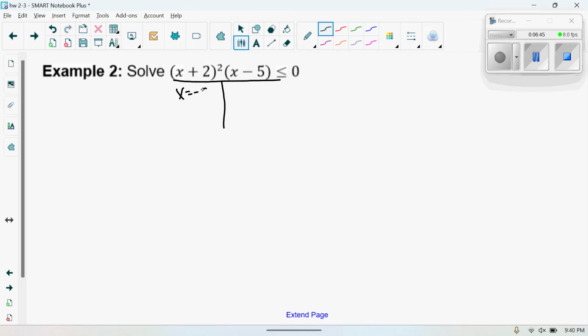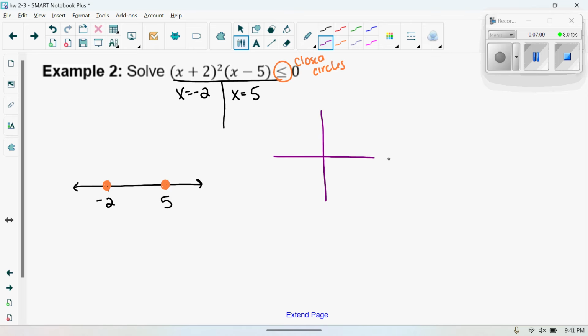I get x equals -2 and x equals 5. I'm going to put my number line, -2 and 5. It's less than or equal to, so I have closed circles. So closed circle, closed circle. Now I'm going to graph my picture.